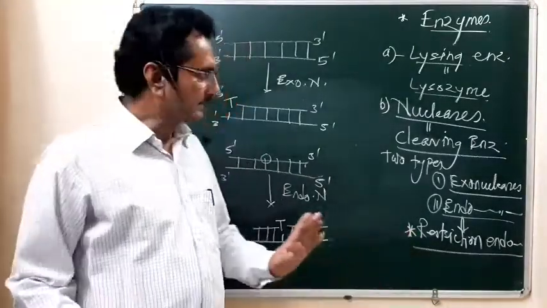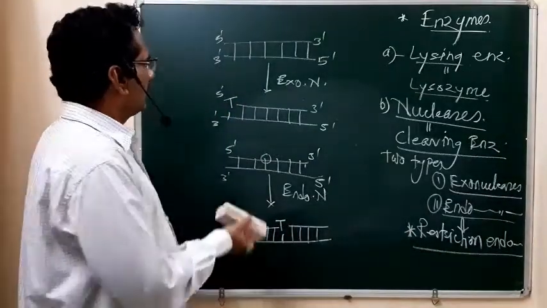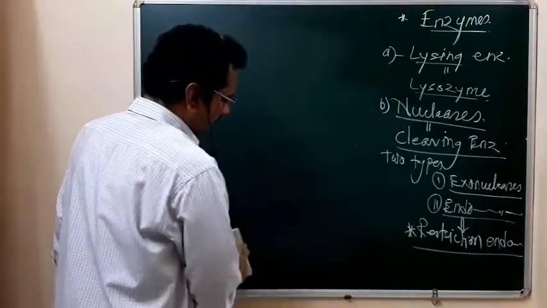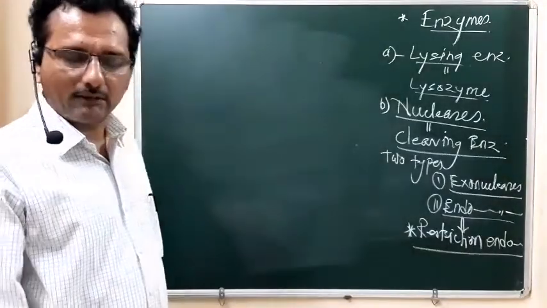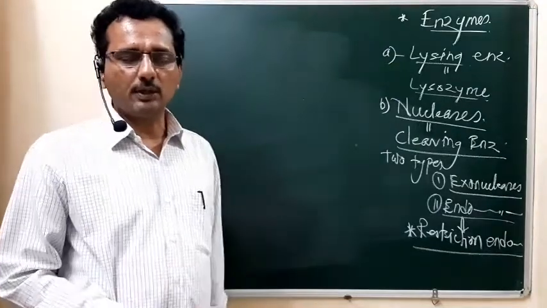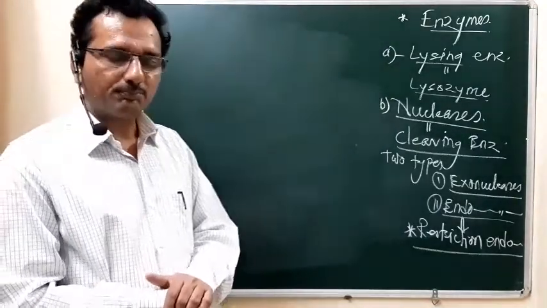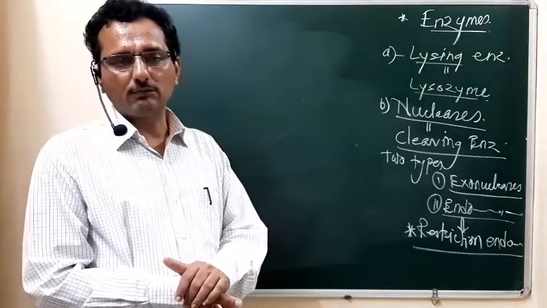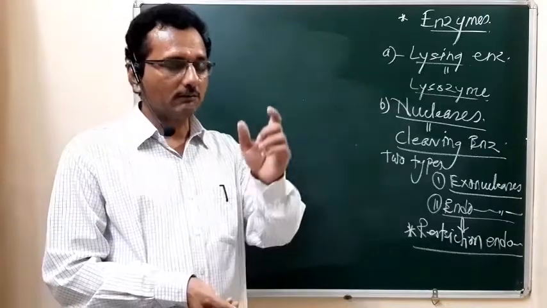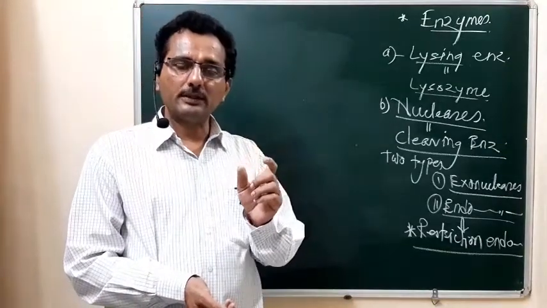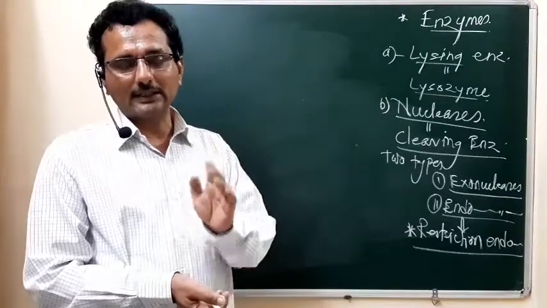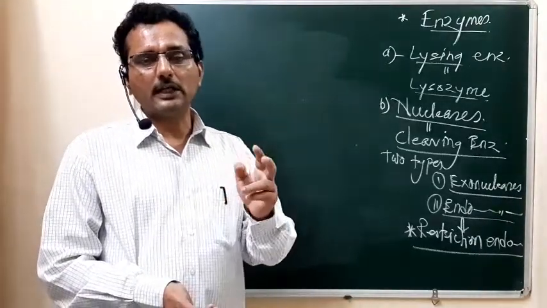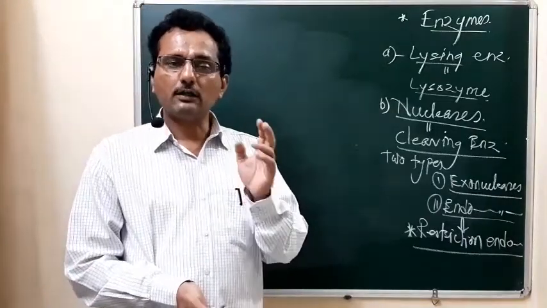Remember students, this restriction endonuclease enzyme was isolated from various types of bacteria, and you know why that bacteria synthesize the restriction endonuclease enzyme? Because when that bacterial cell is infected with viruses, and the viral genomic material enters the bacterial cell, at that time this restriction endonuclease enzyme cuts the foreign viral DNA.